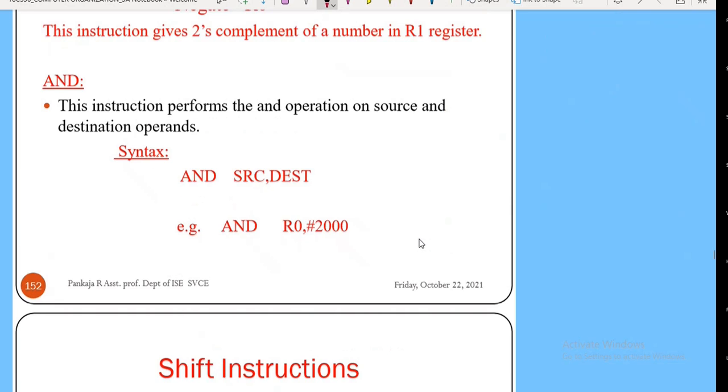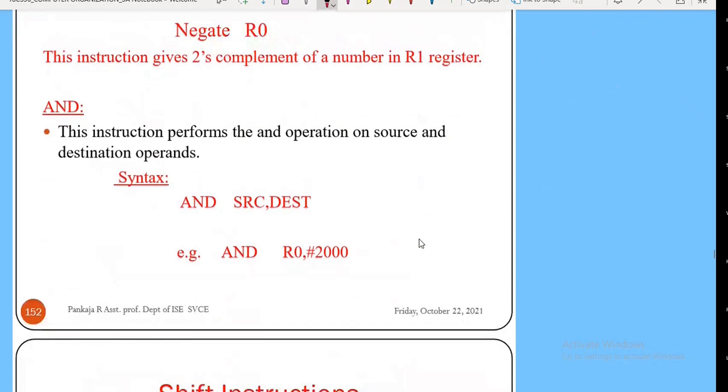Similarly, if you want to perform an AND operation on two values, this is the syntax: AND source and destination. AND R0, comma, hash 2000. That means whatever value is present in R0, and also the value 2000, you are going to perform the AND operation.